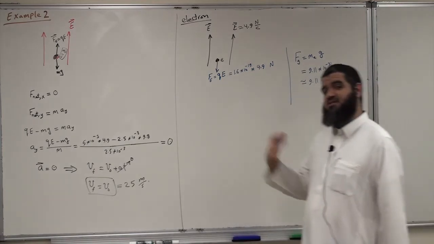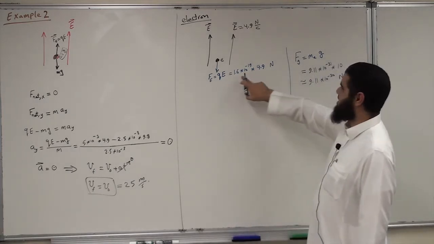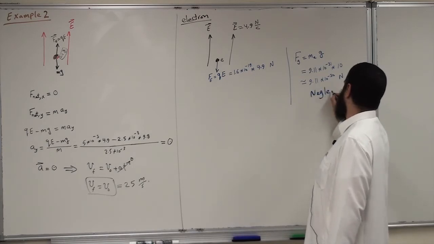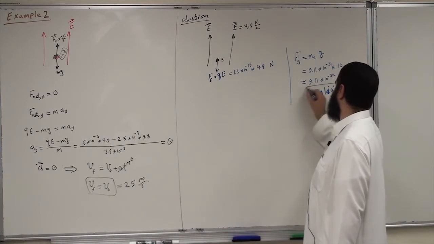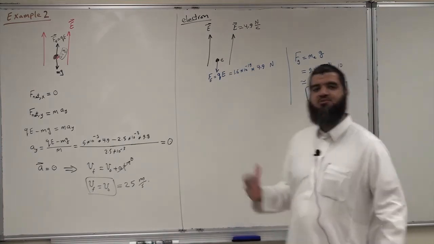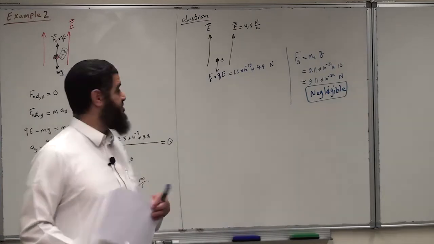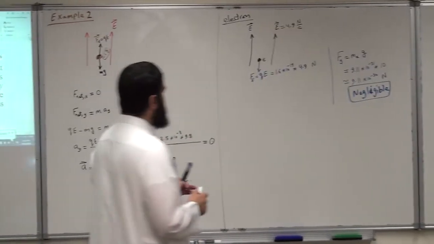So it is 10 to the power 11 times less than this force. So this is negligible. We should neglect the gravitational force because it is negligible when compared to the electric force. I hope you understand what I am telling you, my son.